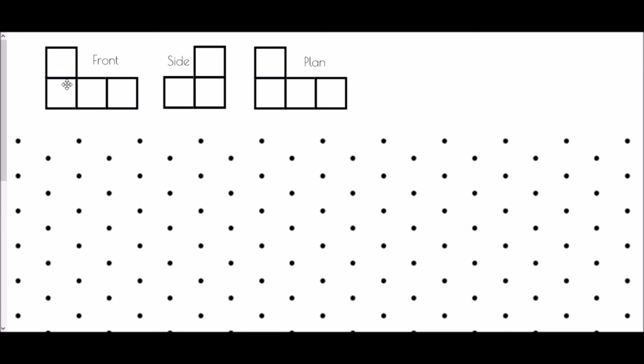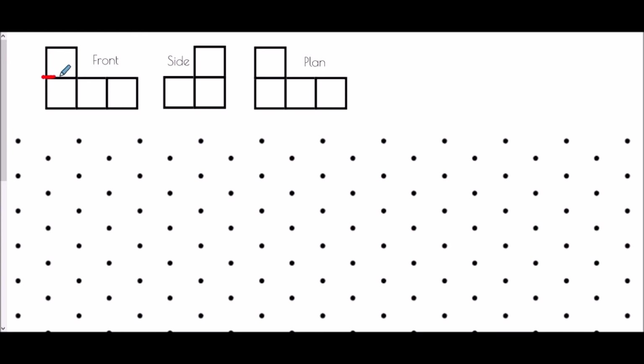So if I look at the combination that I have here, I've got a front which has a height of 2 with then a height of 1, and a side view that has 1 and then 2. This is an important combination because it means that because the first piece here is only 1 square high, there must be an element of depth here.